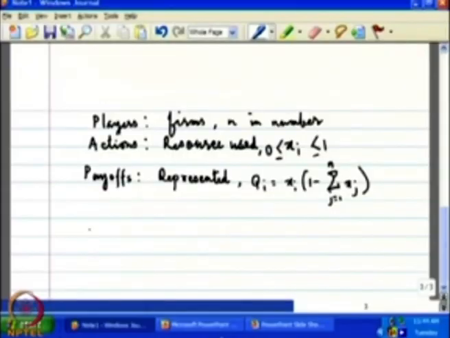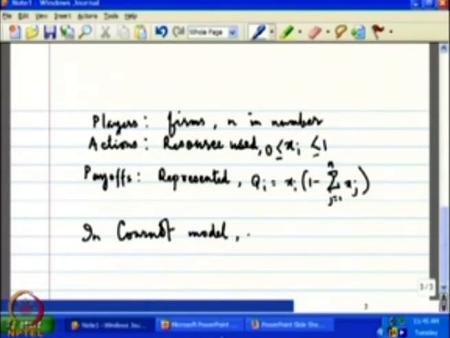If I have to compare this with the Cournot model that we have seen before, what are the parallels? Remember, in the Cournot model the firms were maximizing their profit. So, that pi i, the profit of each firm, is equivalent to qi here, the output that each firm is producing.